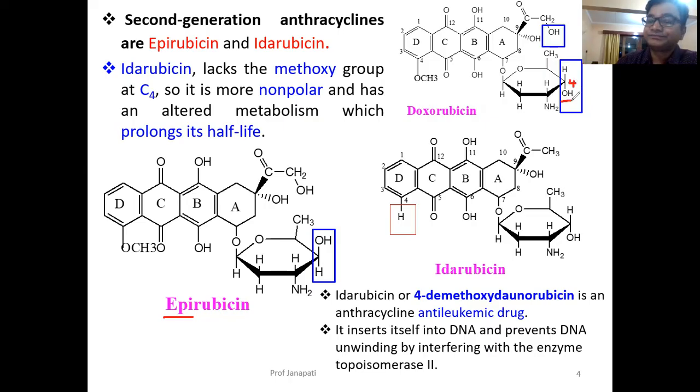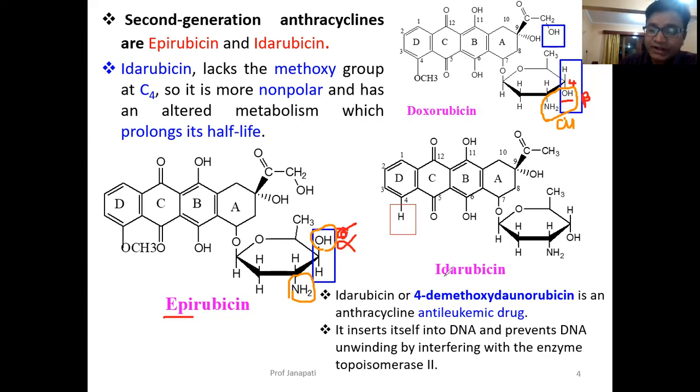Here it is below the plane, beta configuration; there it is above the plane, alpha configuration. Or you can talk in terms of cis and trans. Here the amino group and hydroxyl group are on the same side, cis configuration. There the amino group and hydroxyl group are opposite, trans configuration. That is the only difference between epirubicin and doxorubicin.